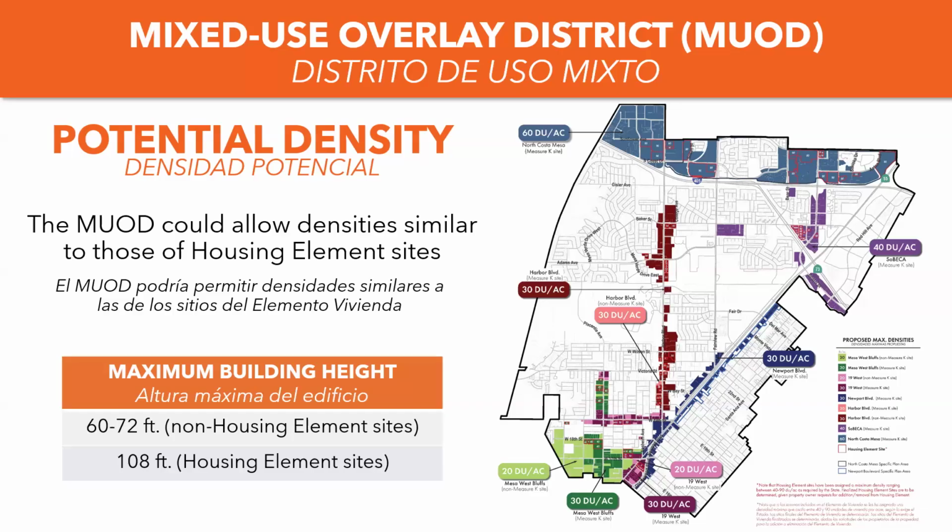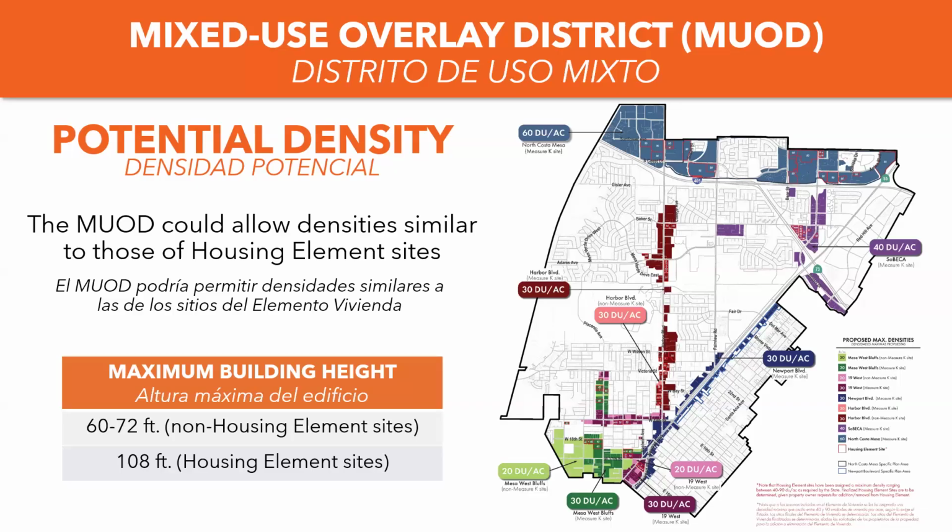Next. In the MUD, we're considering a variety of densities depending on the neighborhood in the city. For example, in the west side, which you'll see on the bottom of the map here on the left in the green colors, the maximum allowed density would be a lot lower than, say, in North Costa Mesa, which is at the top of the map in the blue. Generally, we're looking at about 30 to 60 DUs per acre across the city. We're trying to stay complementary, not exceeding, what's being identified in the housing element.